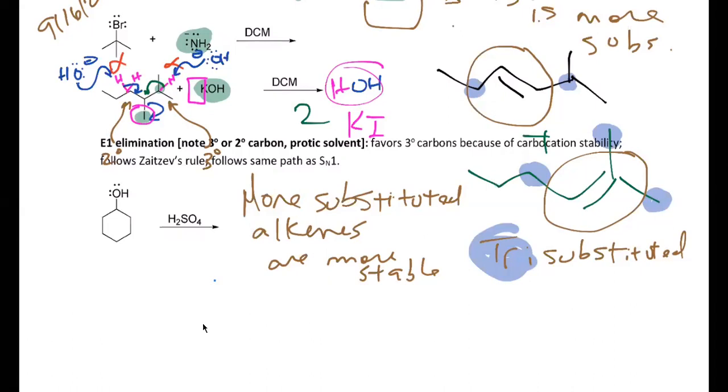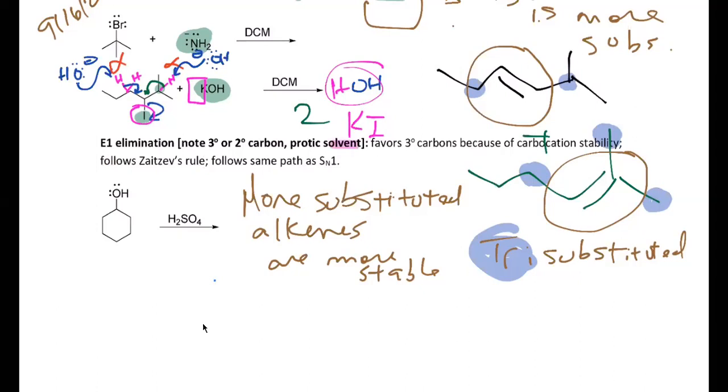So I'm going to erase, no, I can't erase that. I'm just going to pluck this out, because I don't want to erase those notes, and I don't want to try to squeeze stuff in. But you can see here, tertiary or secondary carbons will work.